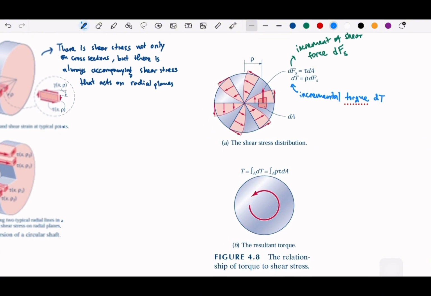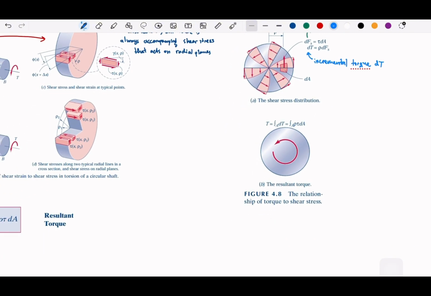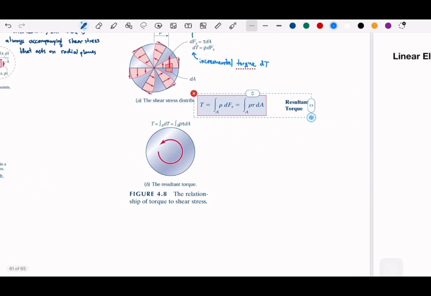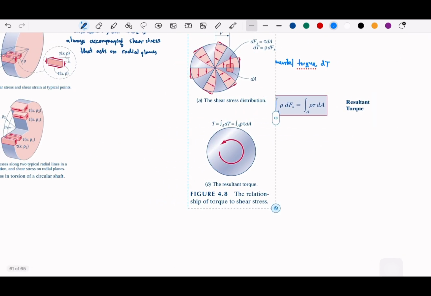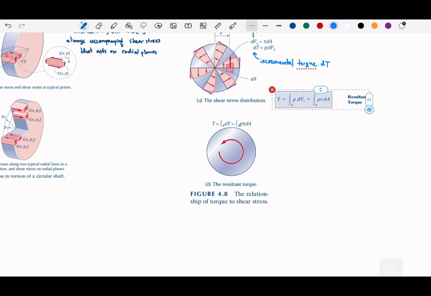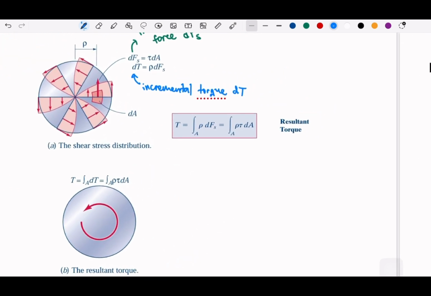So we can write down the resultant torque as, let me write here, that is the resultant torque.